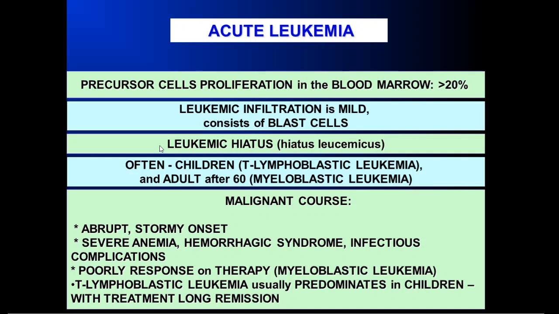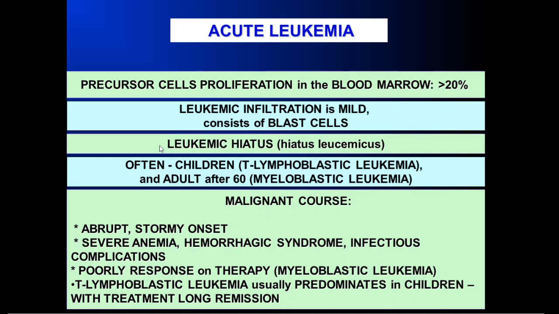That's why bone marrow produces just young cells, so without maturing, because all space is filled by tumor cells. So that's why cells can't mature.